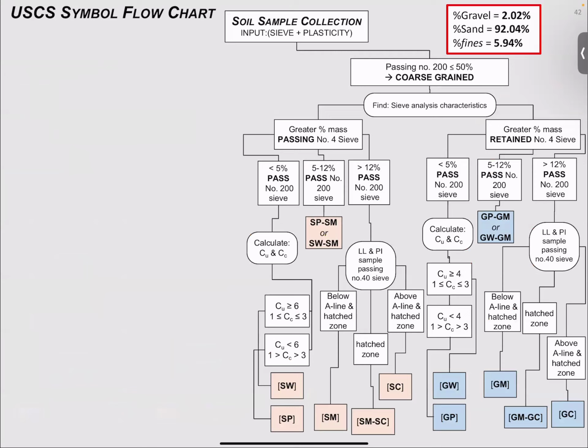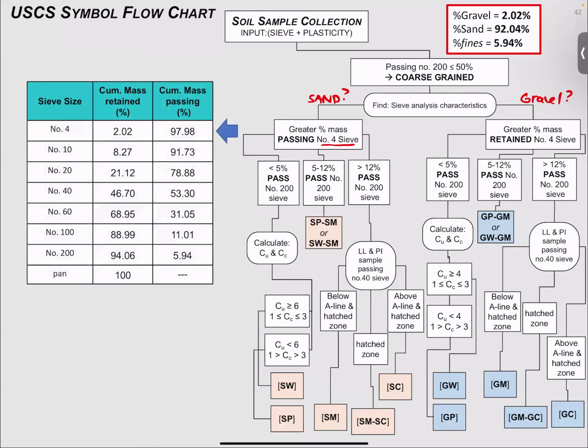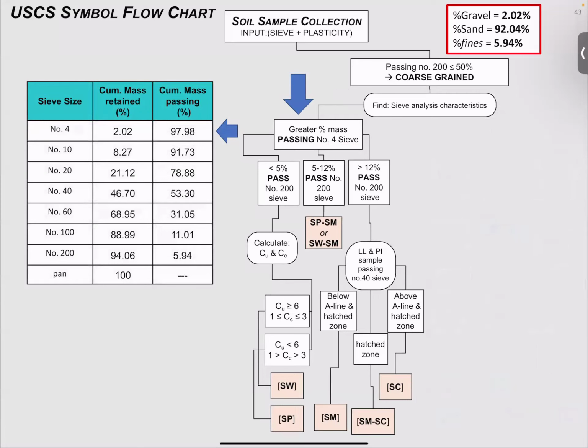We go over to this side, and then look at our next step with the number 4 sieve. This asks us whether it's majority sand or majority gravel. We have 92% sand and 2% gravel, so we know it's majority sand. So we can forget about that whole other side, and now we're only looking at these options.